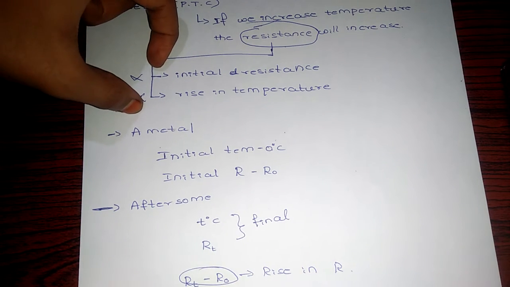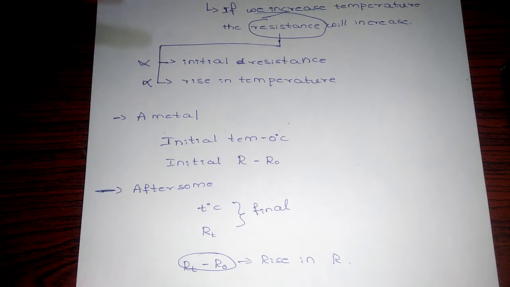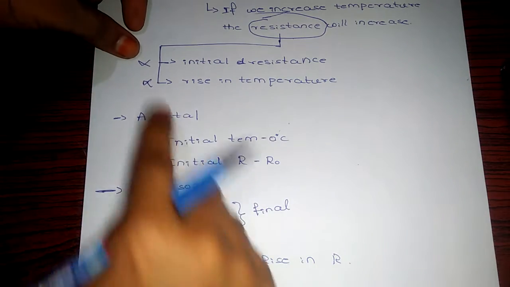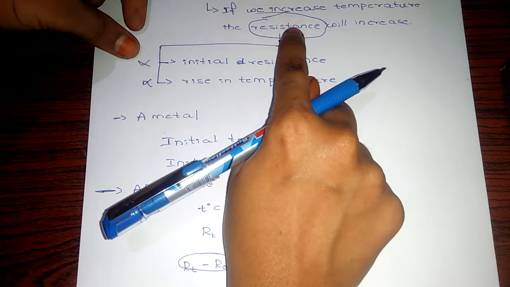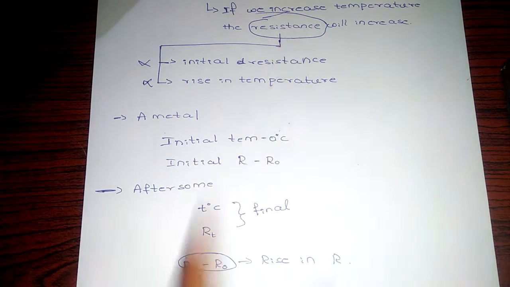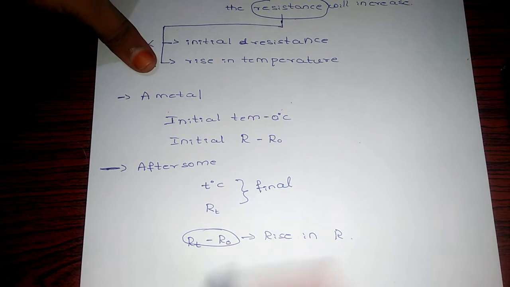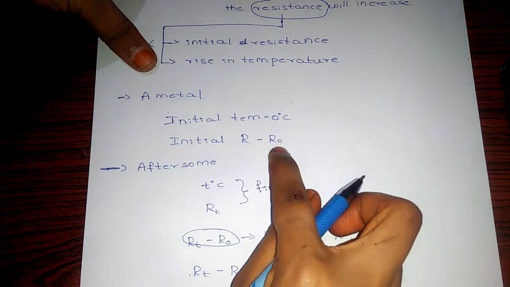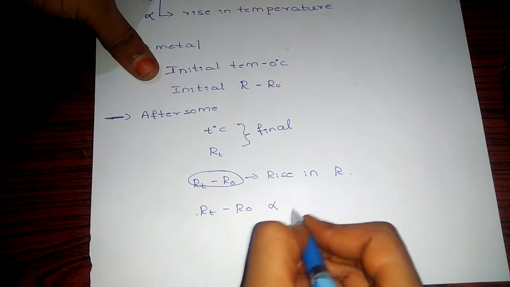From the initial conditions, the rise in resistance RT minus R naught is directly proportional to the initial resistance, R naught.